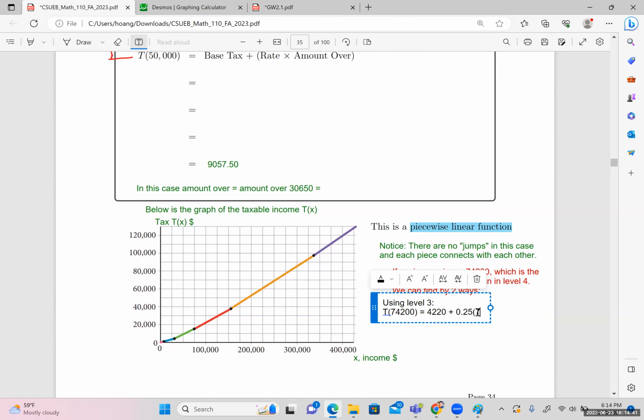So the amount is 74,200 minus 30,650. All right. So then I have T of 74,200 will be equal to, use the calculator and calculate this, right? Make sure to follow the order of operations.